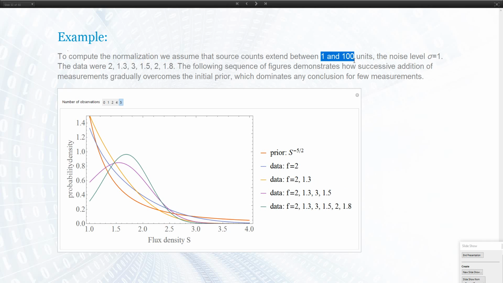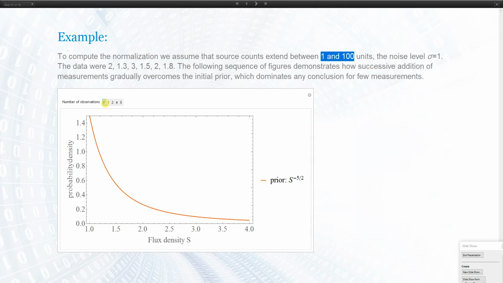Yeah. Then what I compute here, this is our prior probability distribution. That's our expectation before we start our telescope. Yeah, that's the function that I gave on the previous slide. We expect many measurements with low numbers and very few with high numbers. And then we observe two.